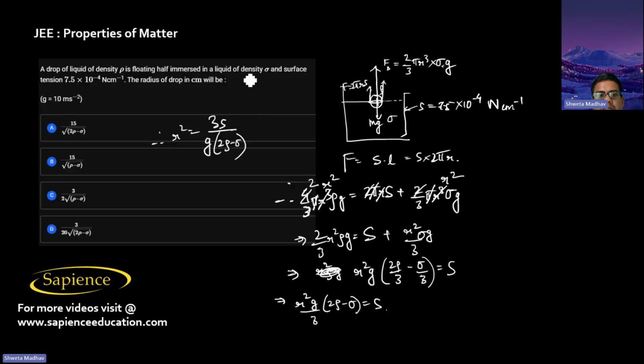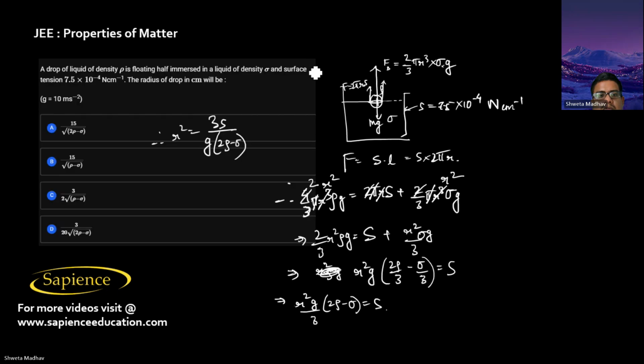Therefore, the square of the radius is 3 into s, 7.5 into 10 power minus 4 Newton per centimeter, but we have to convert to Newton per meter. So this will be 7.5 into 10 power minus 4 Newton, and 1 centimeter is 10 power minus 2 meter.